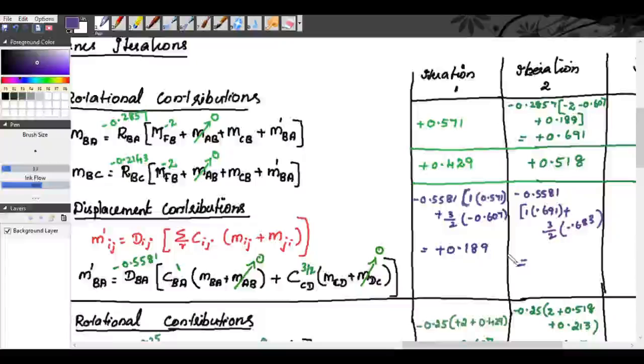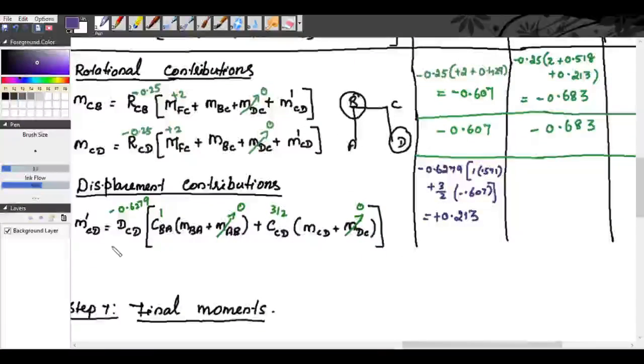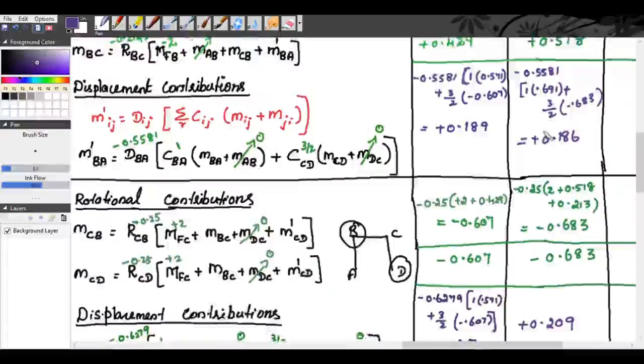So, we get the displacement factor M dash of BA is equal to plus 0.186. Similarly, for the displacement contribution M dash CD, you can substitute the values you obtained in the last iteration for MBA and MCD, and you will get M dash of CD is equal to plus 0.209.